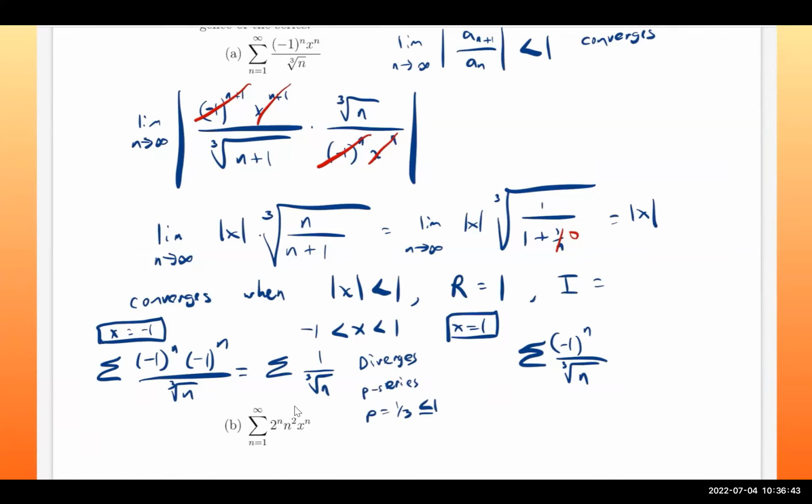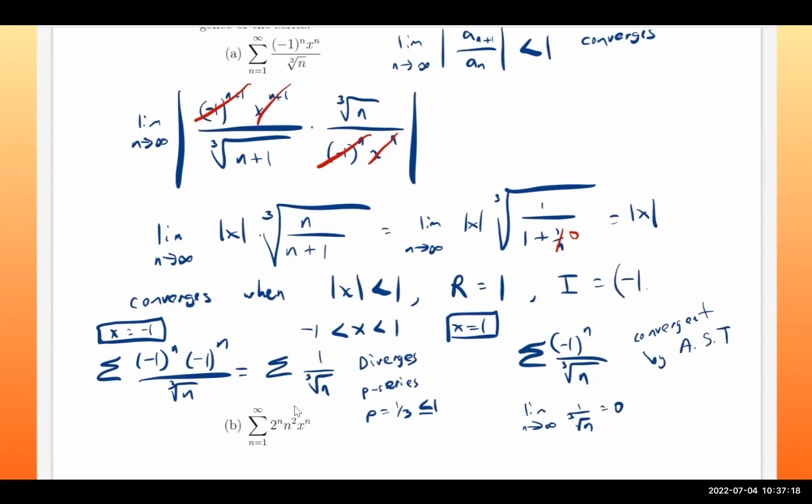For the other endpoint at 1, that one is an alternating series test, and as you can see, b sub n is decreasing, so we can apply the alternating series test. Because the limit as n approaches infinity of 1 over the cube root of n is equal to 0, this is convergent by the alternating series test.